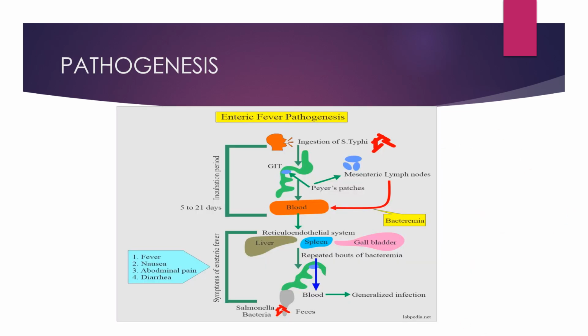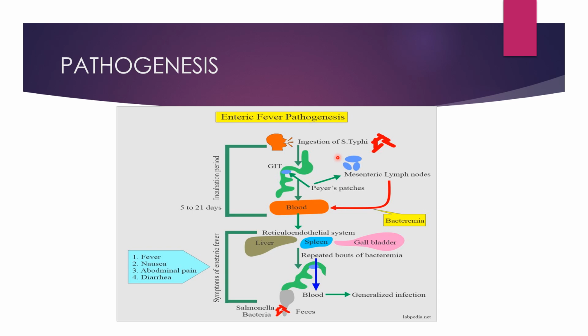Next is the pathogenesis. So, how does this enteric fever occur in a human being? When a human being ingests contaminated water or food, they are ingesting the bacilli along with it. These bacilli attach to the microvilli of the ileal mucosa in the gut, and from there penetrate to the lamina propria and submucosa.